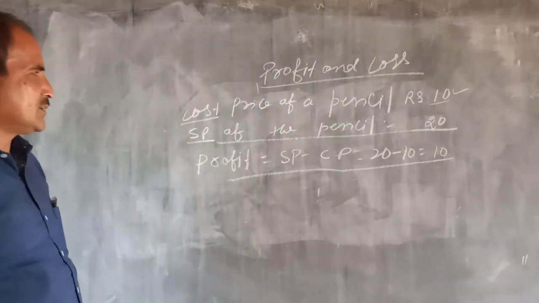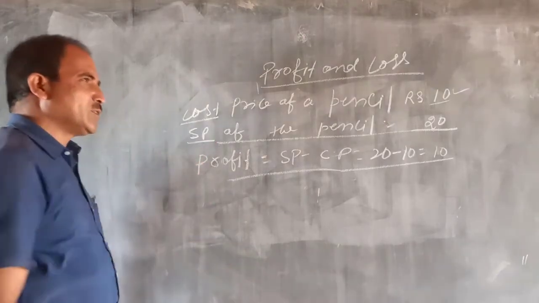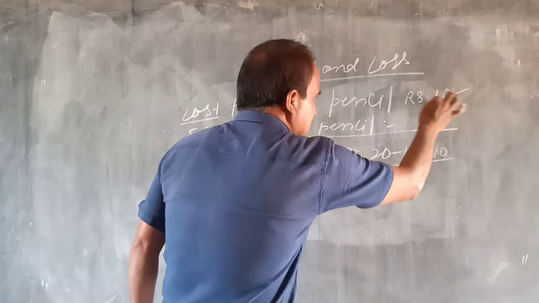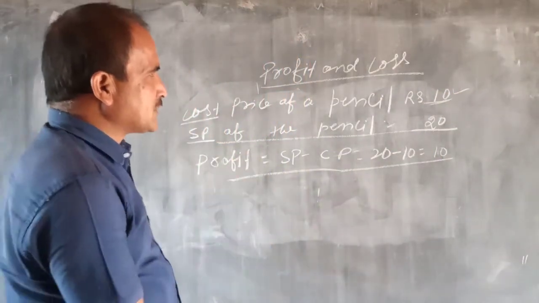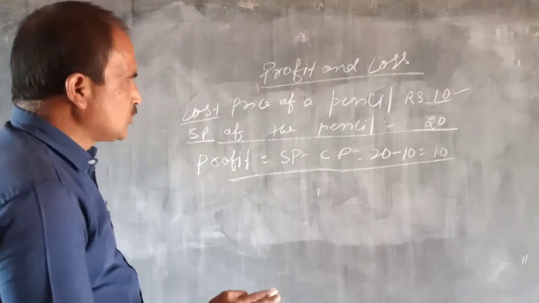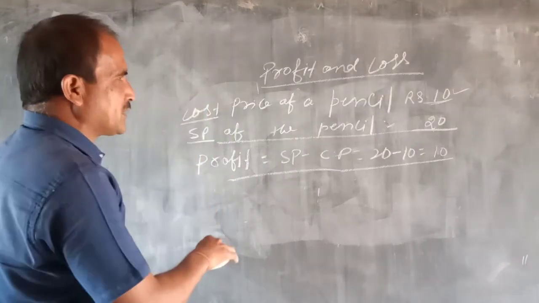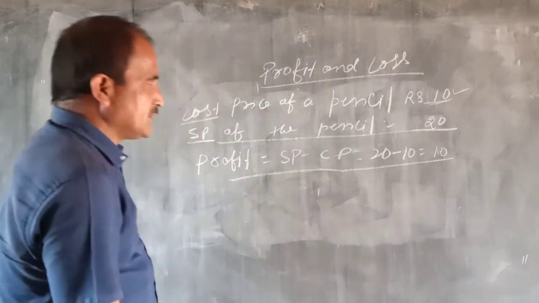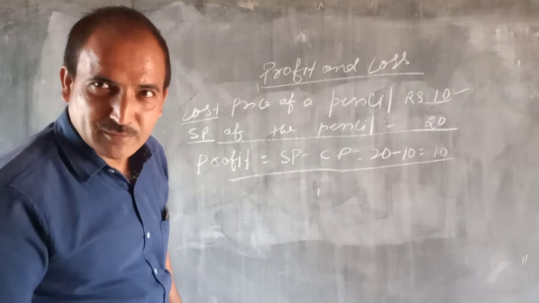If the selling price, or SP, is greater than the CP, then you have to understand that in that condition it must be profit. And in which condition will there be loss? If cost price is greater than the selling price, in that condition it will be loss.